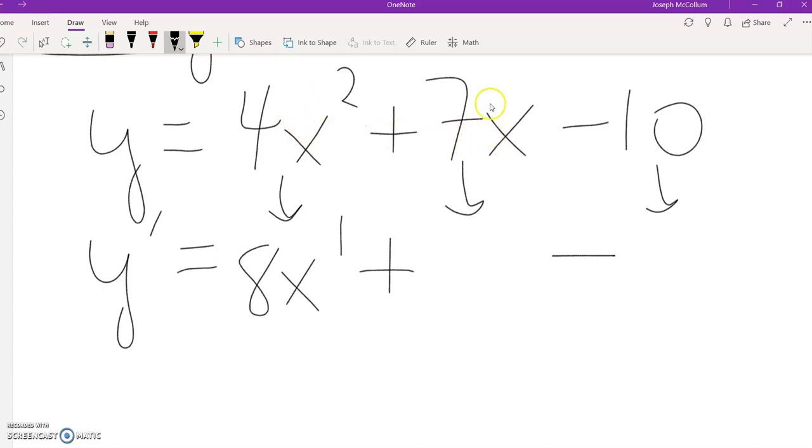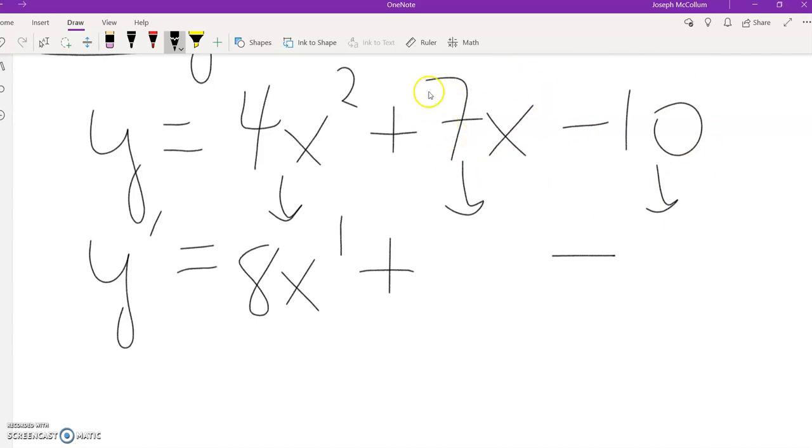Now we move on. The cool thing about 7x minus 10 is if you understand the derivative is the slope, if you just focus on 7x minus 10, it is a line. The slope of a line, well, think of the equation of a line. It's mx plus b. In this case, the slope is played by the number 7.